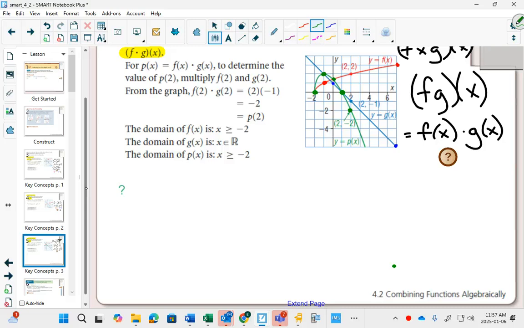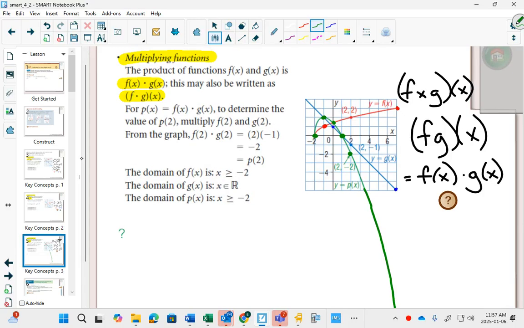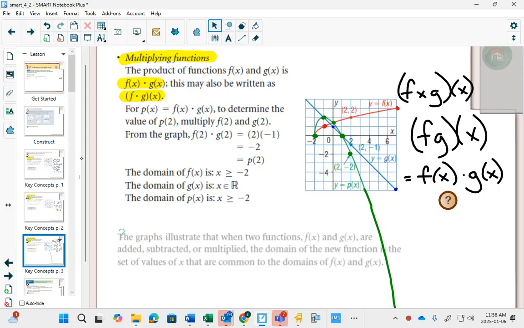So it's easy to do the multiplication, but the graph point is really far away. Oh yes, it would have worked out just perfect. So that's the multiplying one. And again, you can only have the domain where all the domain graphs are.